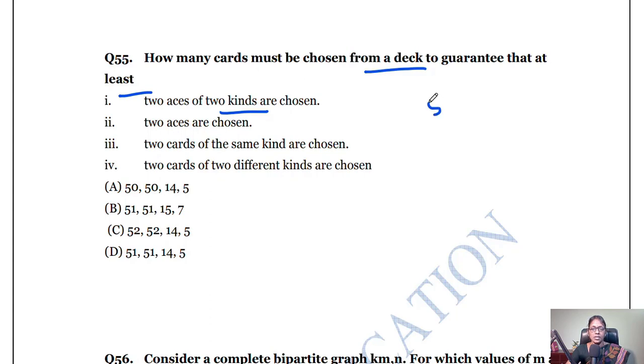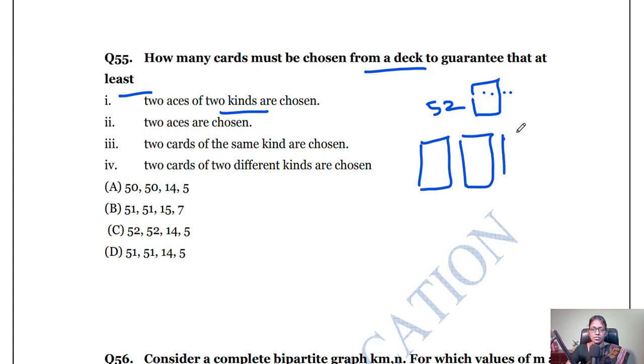There are 52 cards in total, represented in 4 shapes: heart, diamond, club, and spade. Each shape has 13 cards.